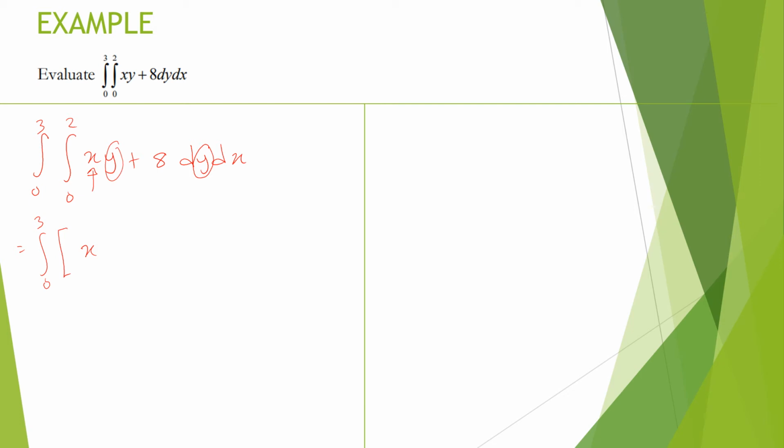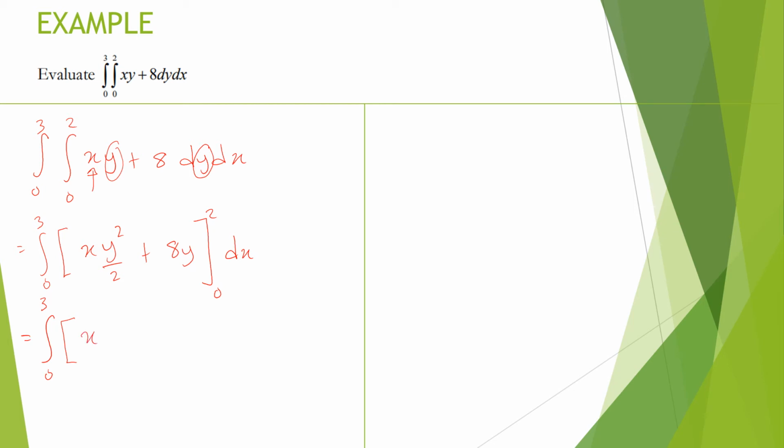So y becomes y squared over 2, and 8 is a constant, so 8y here. Then you substitute the values 0 and 2 into your y.